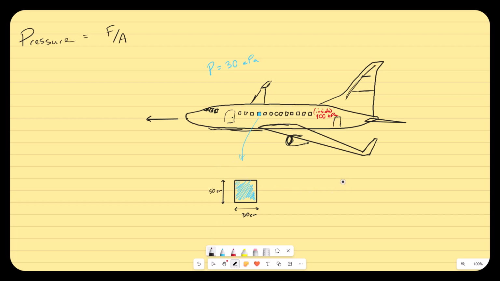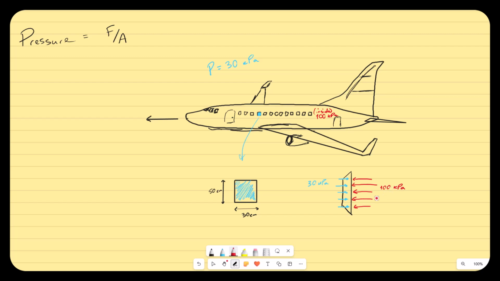So looking at my window, I have 30 kilopascals of pressure out here, which means the air out here is pushing on my window. But on the inside of the plane, I have 100,000 pascals, 100 kilopascals.